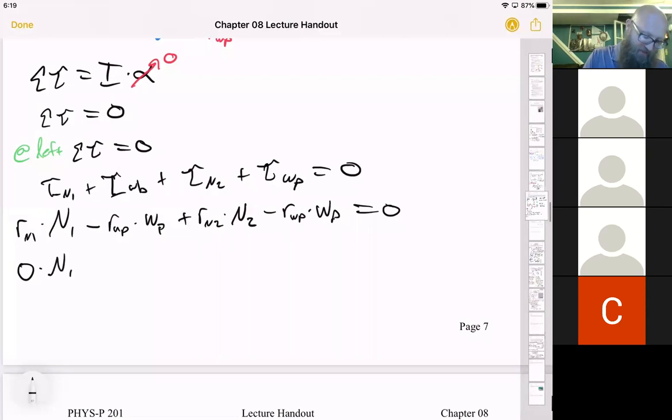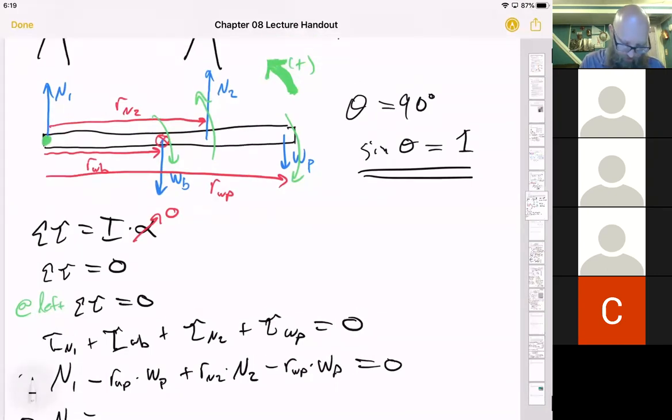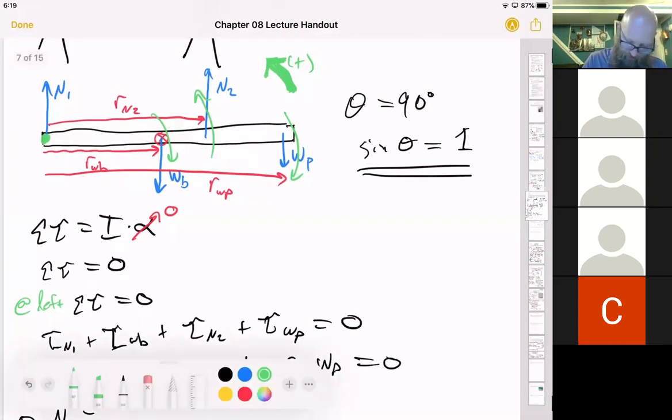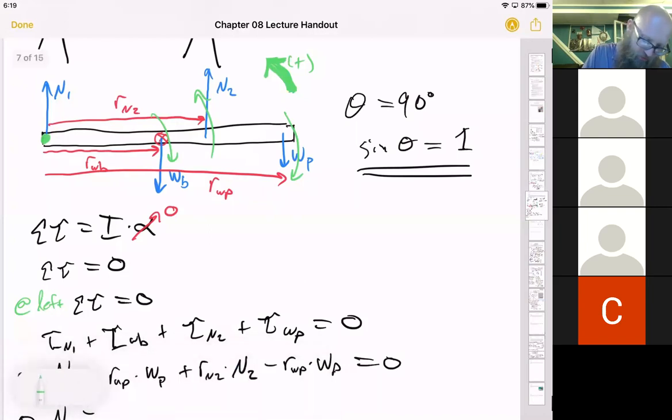That's why we put the axis there. Minus R for the paint can. The board is, let's label those quickly so we can just finish this up. So that's half the length, that's 1.5 meters. R normal 2 looks like 2 meters, and R for the paint can is 3 meters. You guys buy that? The full length of this thing is 3 meters?